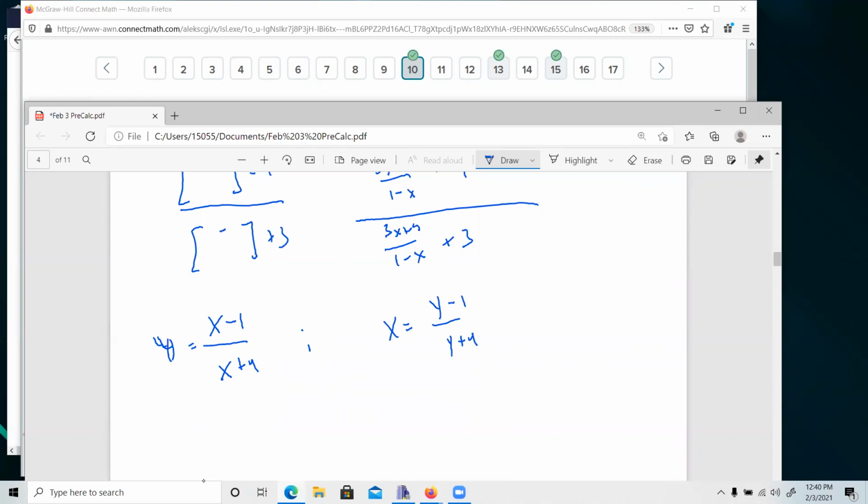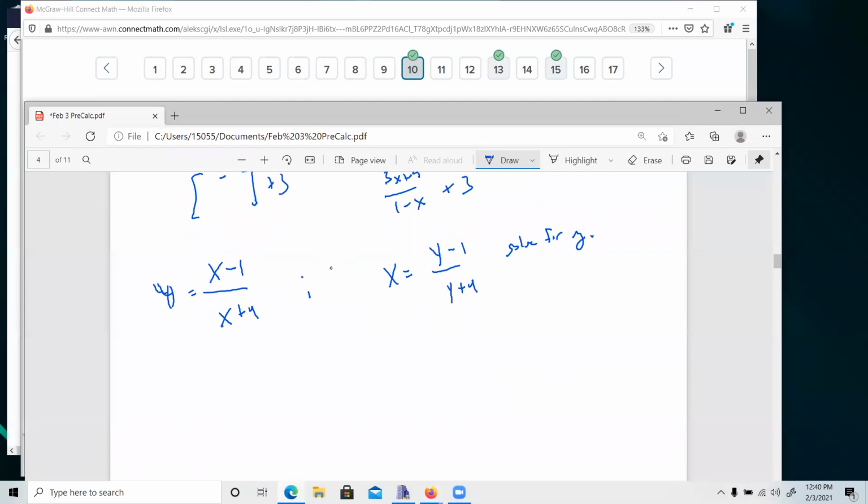Then we're going to solve for y. So push this over, so we're going to have x times (y plus 4), and that's equal to y minus 1. So that's xy plus 4x is equal to y minus 1. Now, I've got to get my y's together.